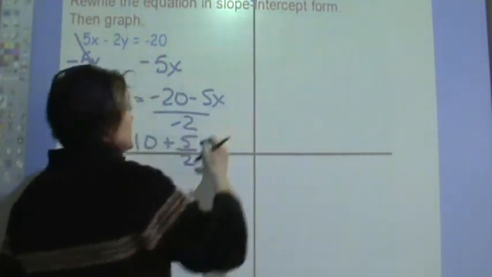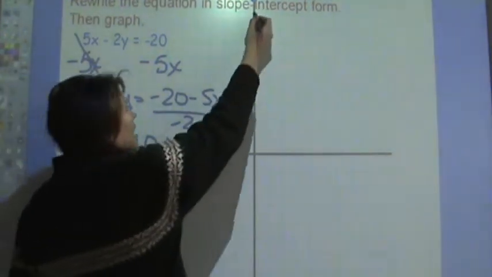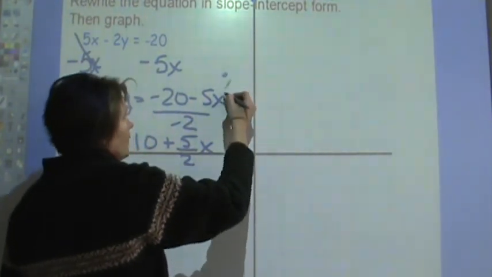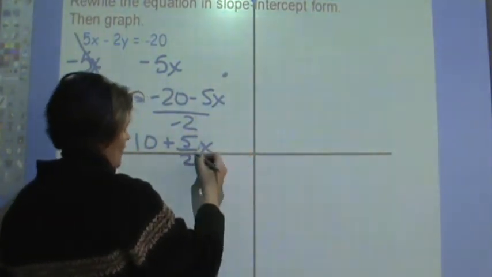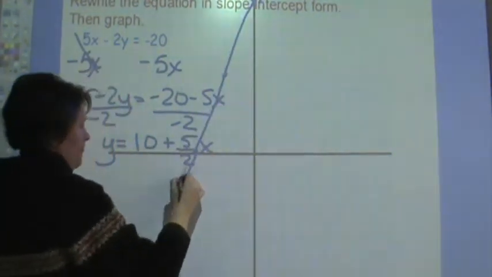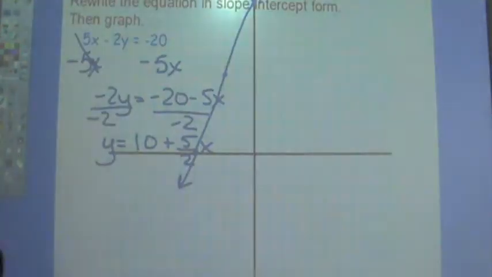And then I'm supposed to go up 5 over 2. Well, I can't do that on my graph. So I'll have to go down 5 and back 2. And then we'll draw our line. Okay, that's it for this one.